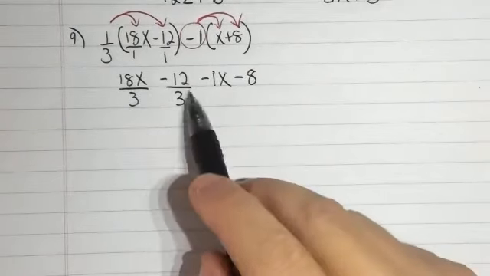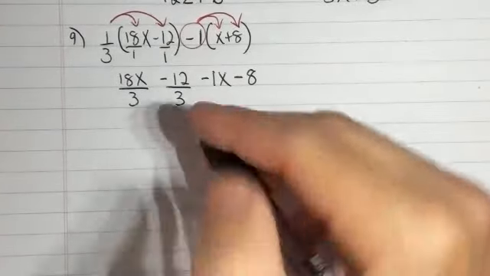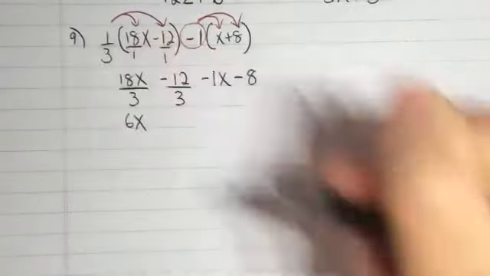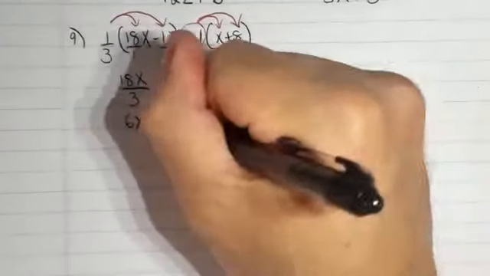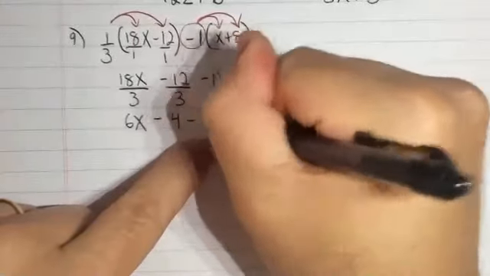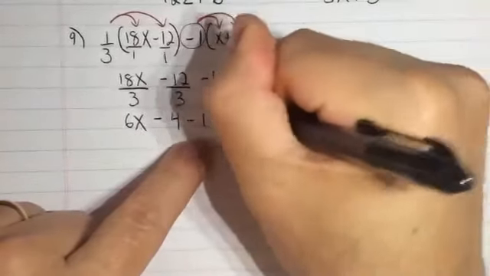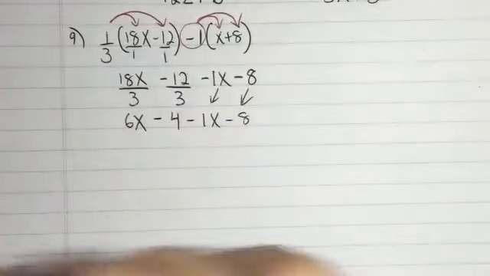Now I want to simplify these two terms. 18 divided by 3 would give me a 6x. And then I'm doing a -12 divided by 3, which gives me a -4. I'm just going to move this down at that point. Then I'm looking for my like terms.